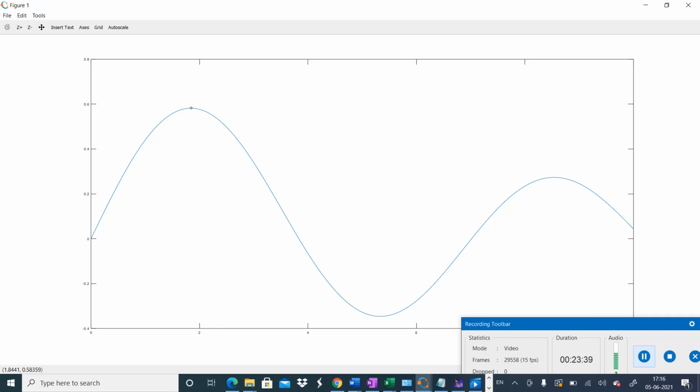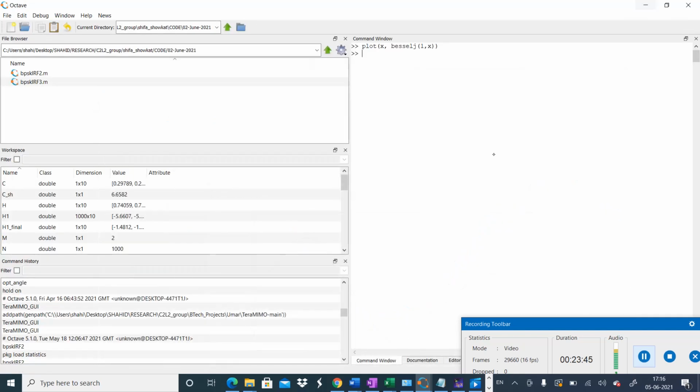It is almost 1.841. To get more insight, I will write a comma b is equal to max of Bessel J 1 comma x.